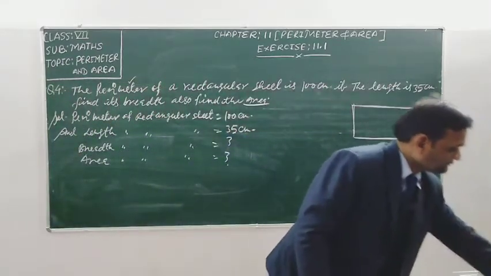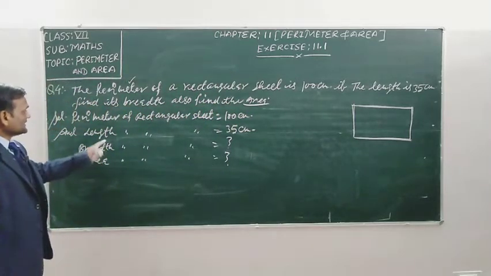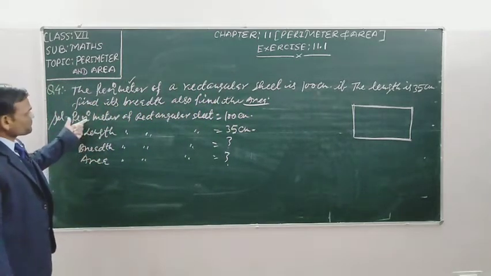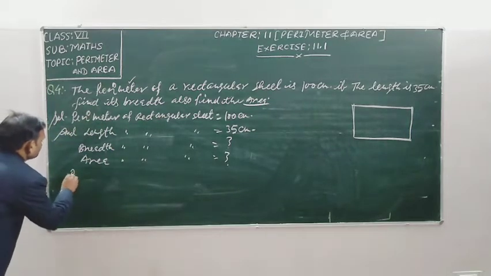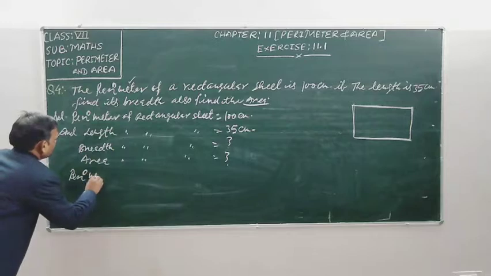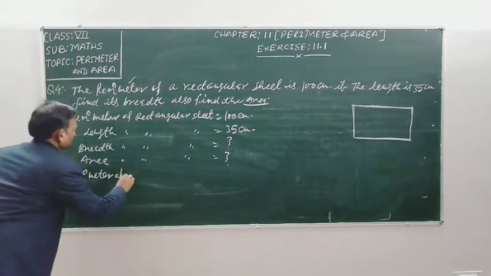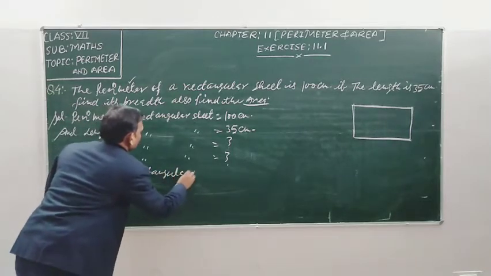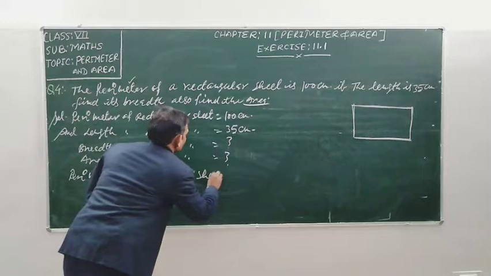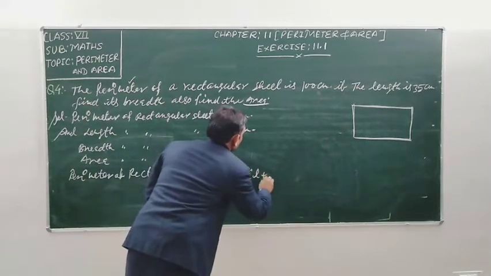So student, for finding the breadth, we take the help of the perimeter. So perimeter of rectangular sheet is equal to 2 into (length plus breadth).